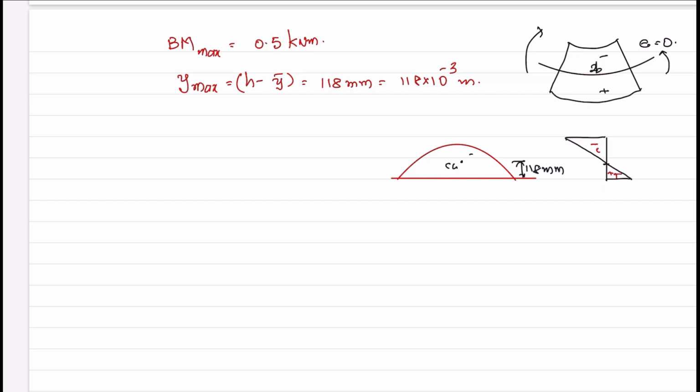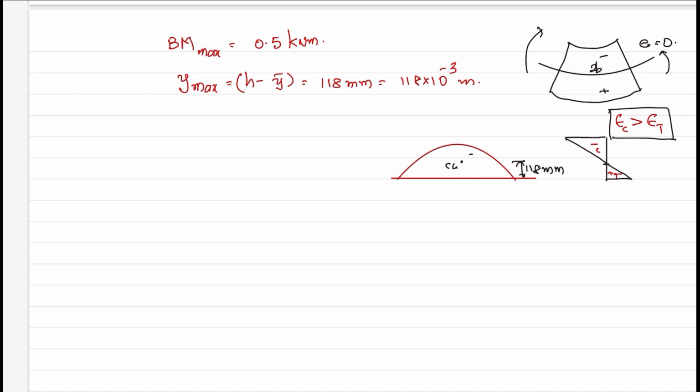Now you see which is the maximum? Compressive strain is the maximum. In this, compressive strain is greater than tensile strain. Please try to understand this concept.